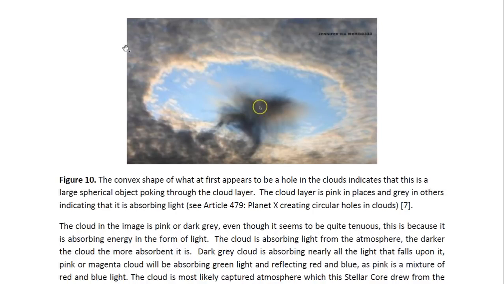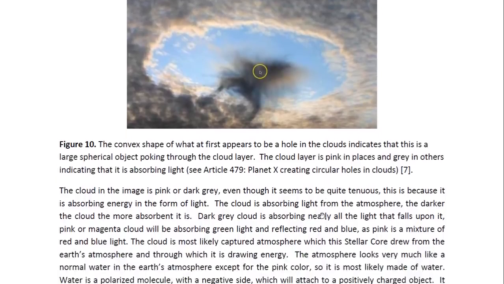And you can see that there's this cloud around this object, and this cloud layer is pink in places, quite pink here, and gray in others. It's dark gray here. And this indicates that this cloud is absorbing light. So it's, of course, associated to Planet X matter in the Earth's atmosphere.